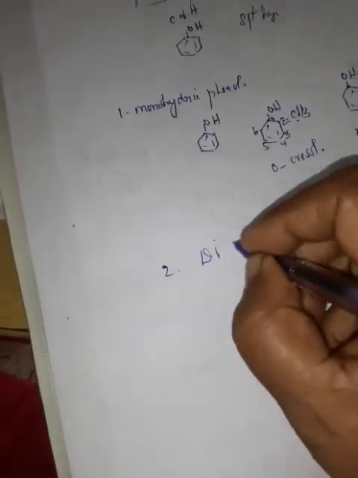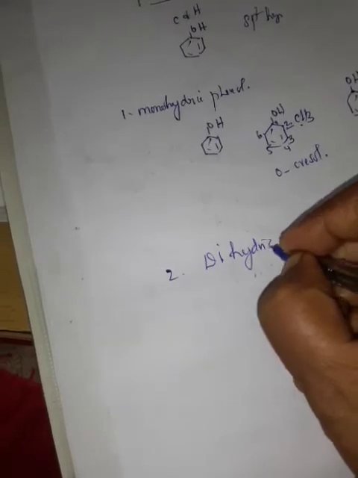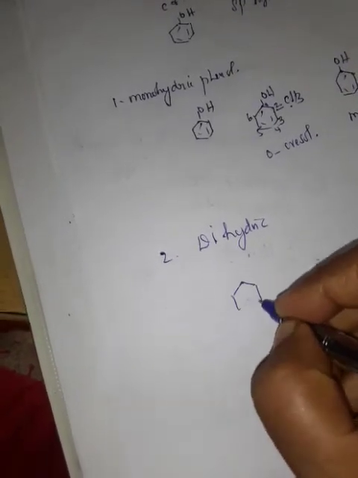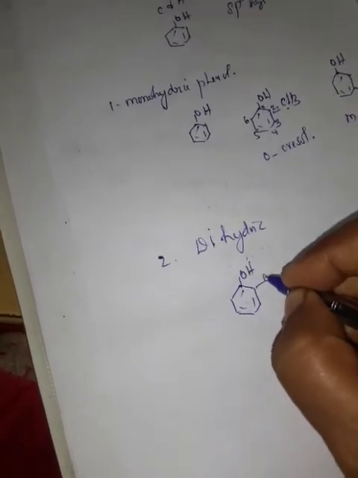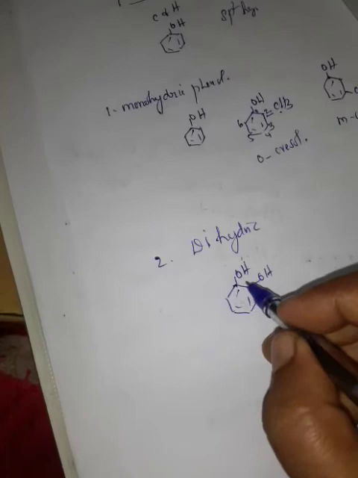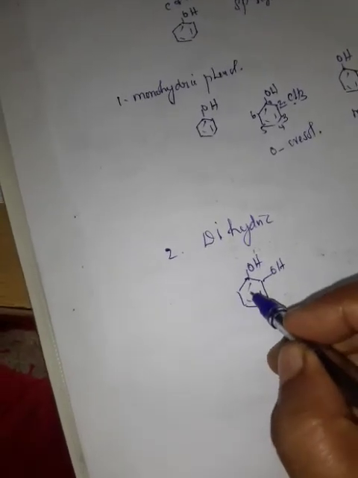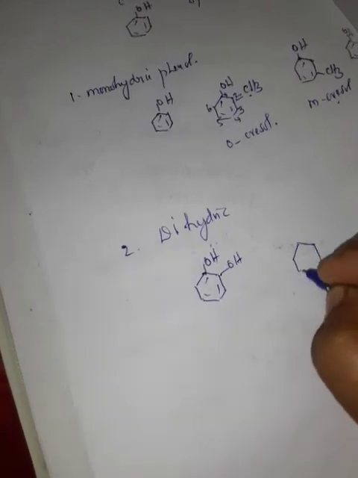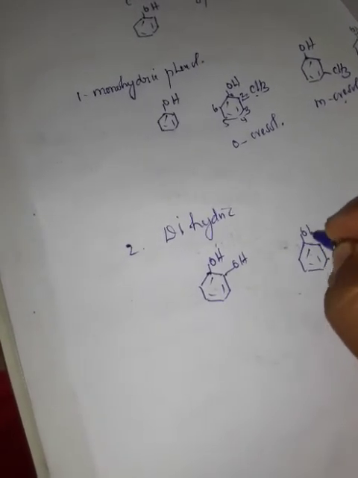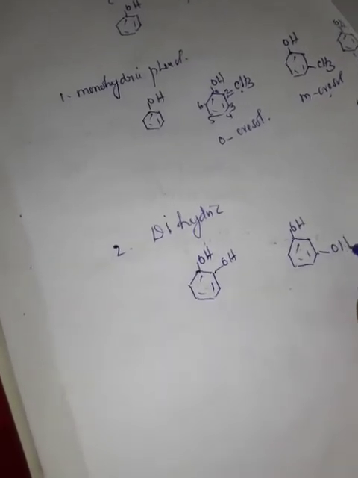Secondly, dihydric phenol. Dihydric means having two OH groups. For example, OH, OH. This is 1,2-dihydroxybenzene. The common name is catechol. Another compound, OH, another OH in the meta position.